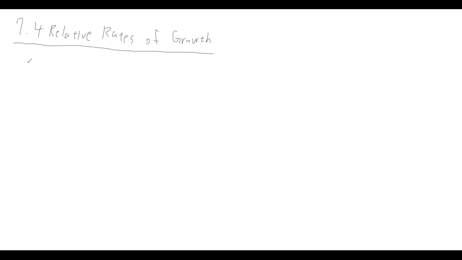Right, so let's consider the equation y equals e to the x. A basic exponential function that we're pretty familiar with. And let's just give it a rough sketch. So let's say this line is y equals e to the x.